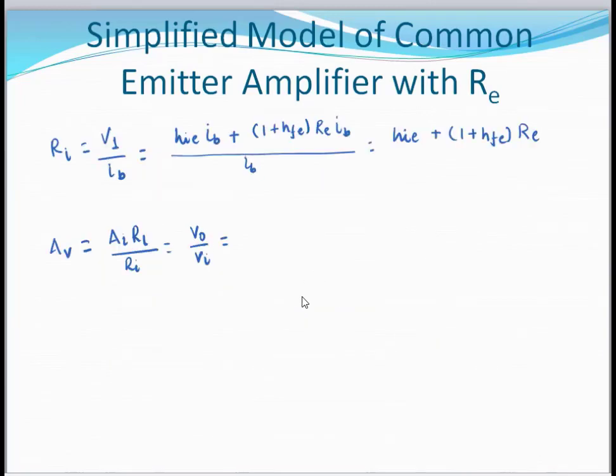So V naught is equal to I naught RL by IB RL.